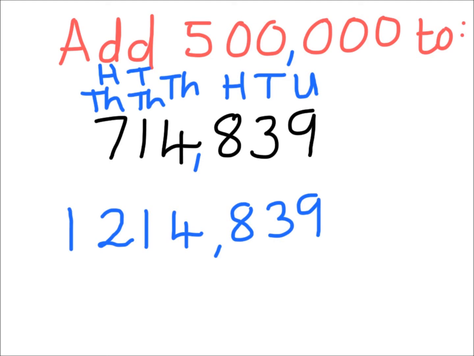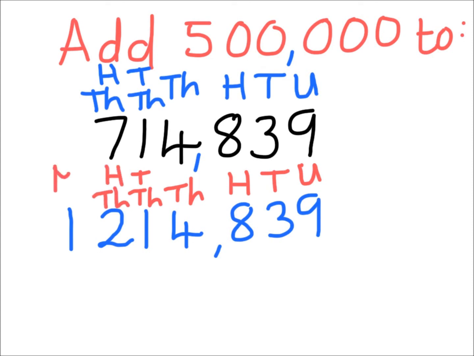Now if we go along and add our place value columns, we've still got our units, our tens, our hundreds, our thousands, our tens of thousands, our hundreds of thousands, and our new column we've created is our millions.